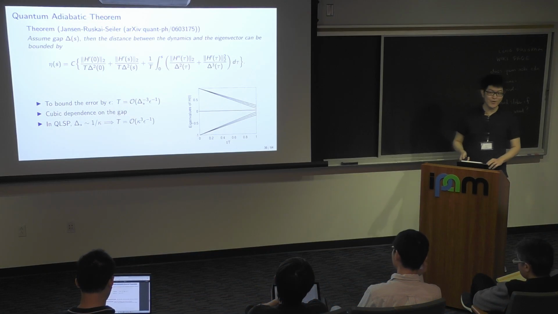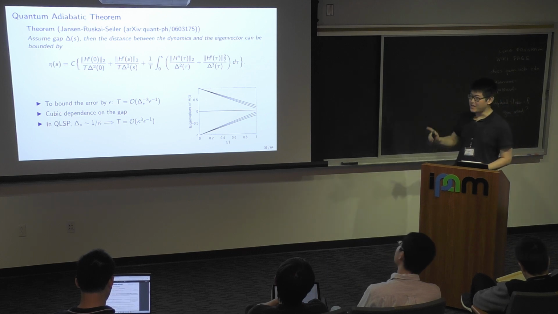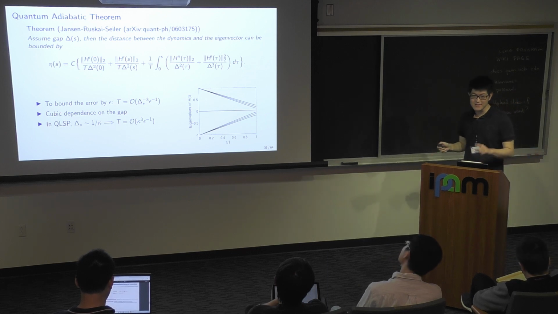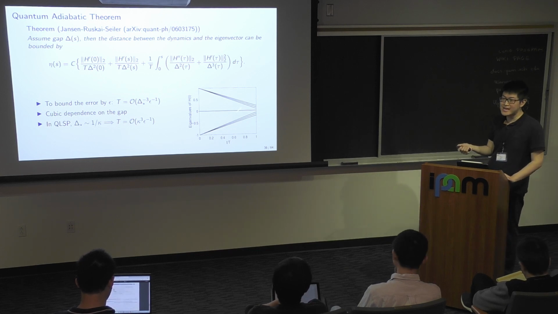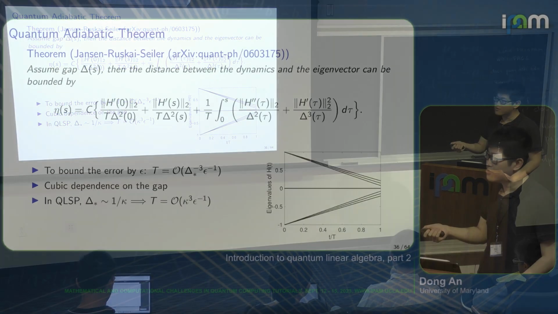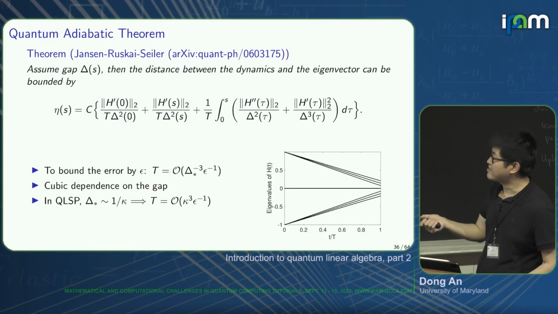But fortunately, we have some way of improving this algorithm. We go back to look at this error formula. You see that here we use this bound only in the worst case. That is, we just directly look at this single term, delta cube. But we also need to look at the numerator.